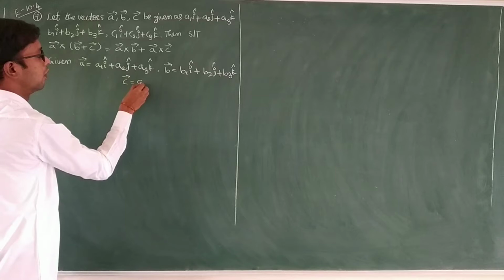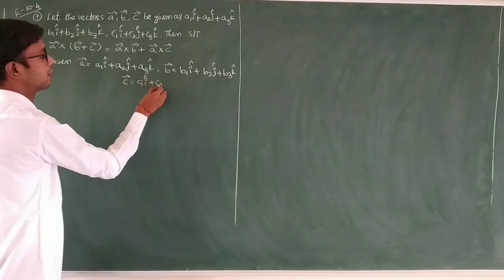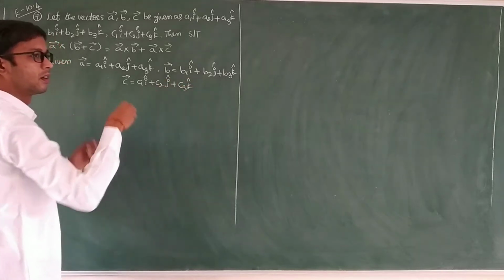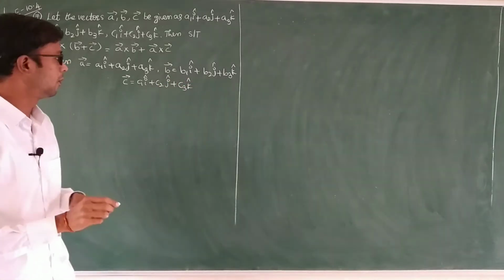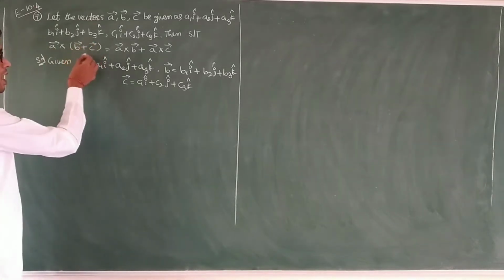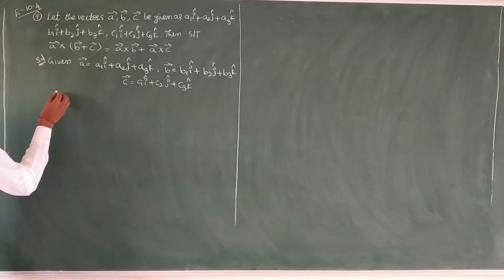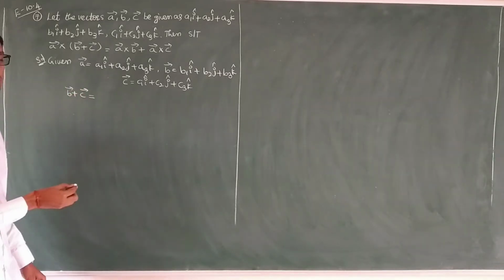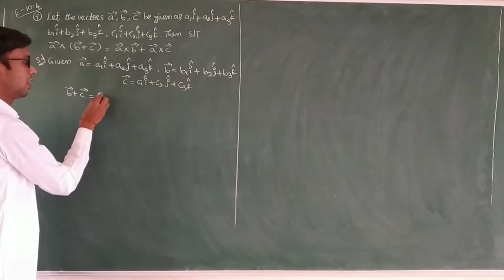C bar equal to C1 i cap plus C2 j cap plus C3 k cap. So now what we need here? LHS part purpose, B bar plus C bar we need. Therefore B bar plus C bar is equal to sum of these two. How much you get?